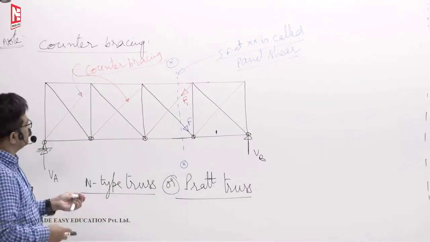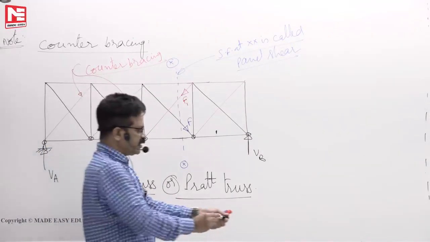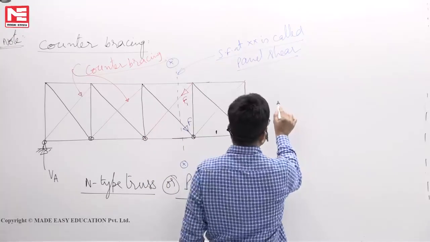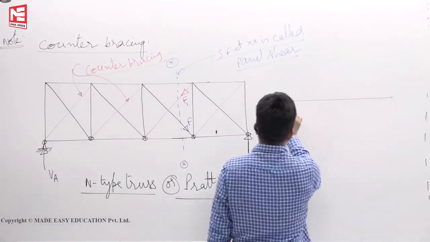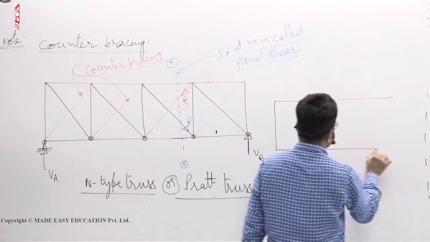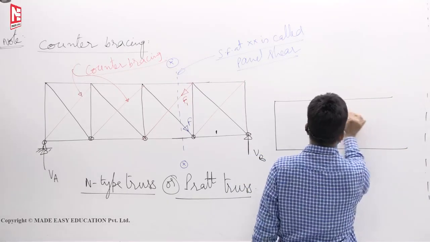But to overcome this disadvantage, later on people tried, instead of this type of trusses, using K type trusses so that the diagonal lengths will not be so high.